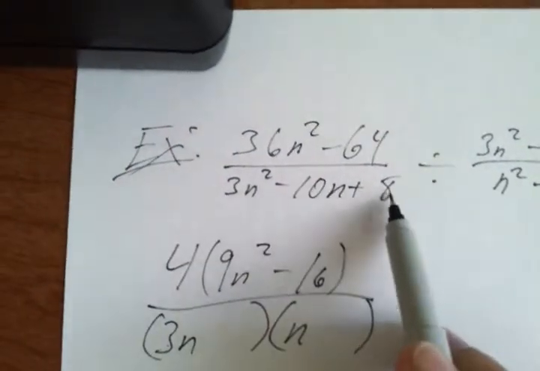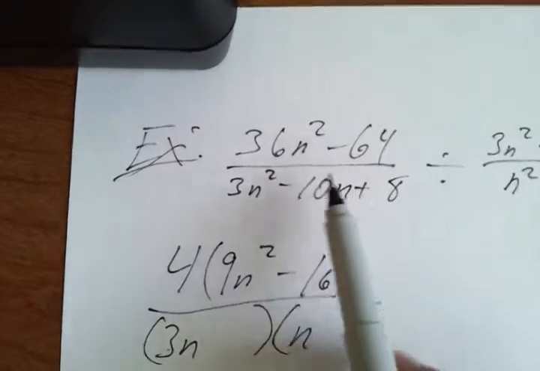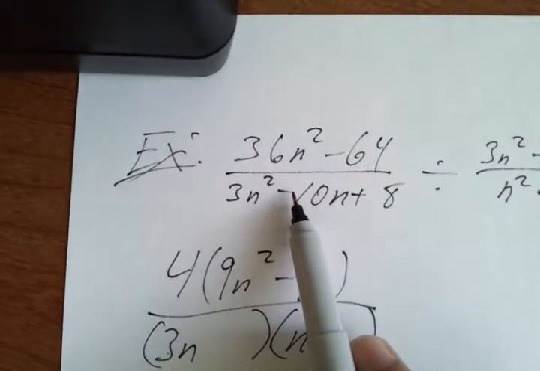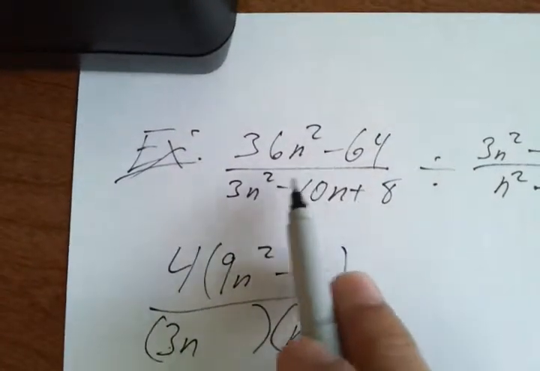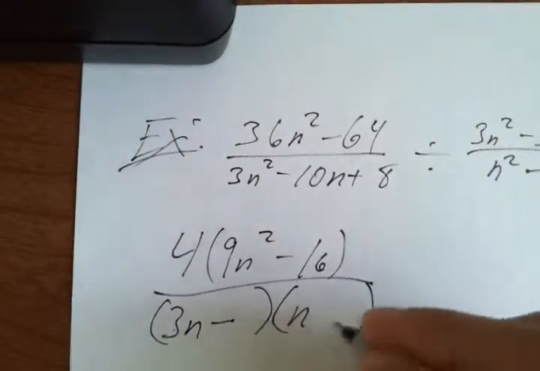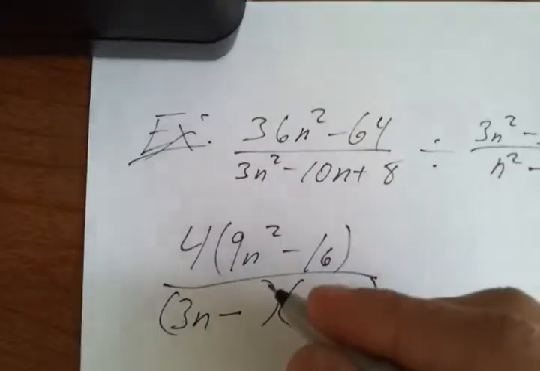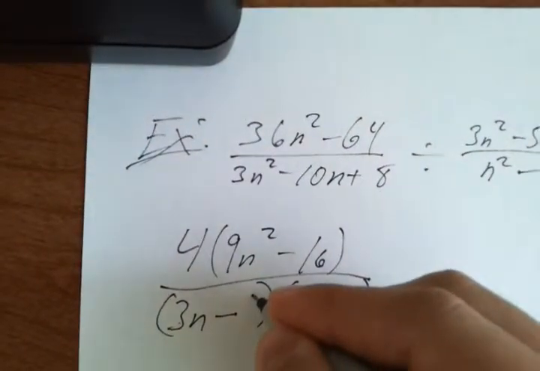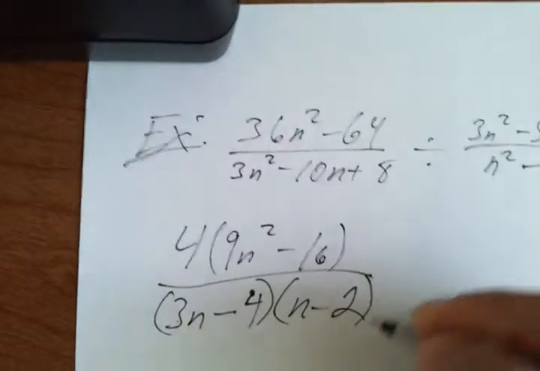And then two factors which multiply to give you positive 8, but they're going to add to give you a negative 10n. Since they multiply to give you positive but add to give you a negative, the signs both have to be minus. We can do some trial and error, but we'll find that 4 and 2 work.